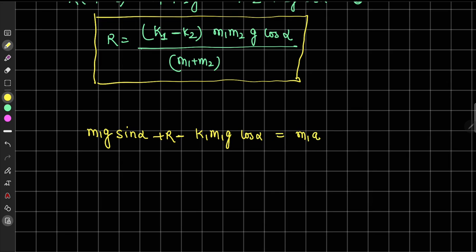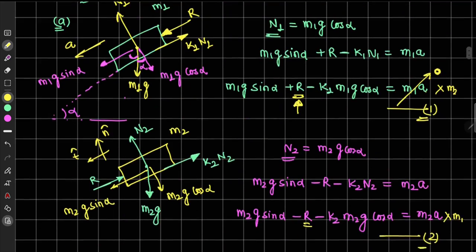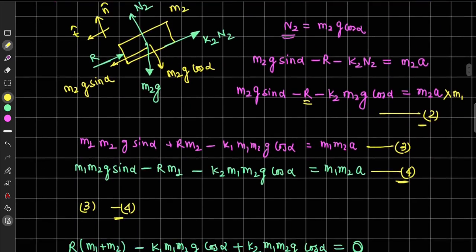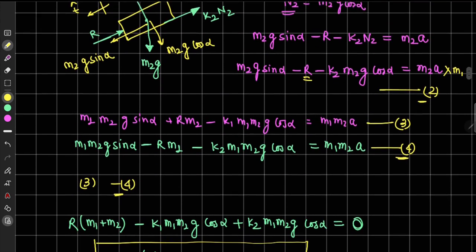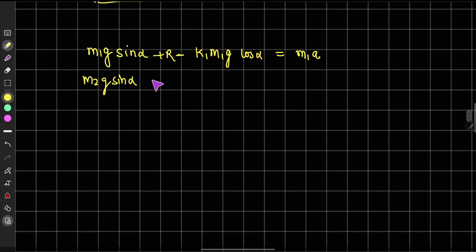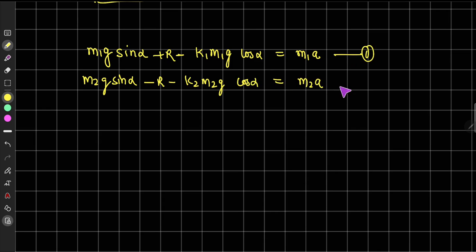And if we write the second equation that we have got, that is m2 g sin alpha − R − k2 m2 g cos alpha = m2 a. So this is our first equation and this is our second equation.